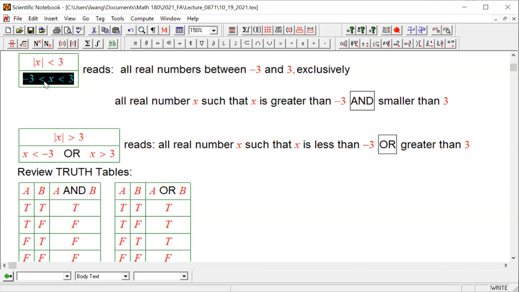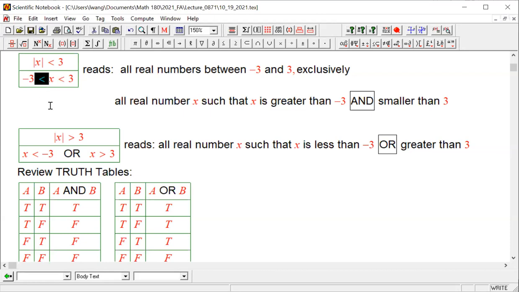And the inequality signs have to face the same direction when you write it this way. You cannot say, oh, one faces one direction, the other one faces the other direction, okay? You cannot do that. Only when you have an and situation can you write it this way, with the inequality signs facing the same direction.